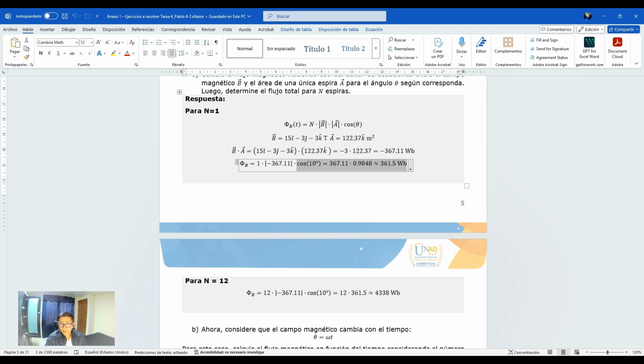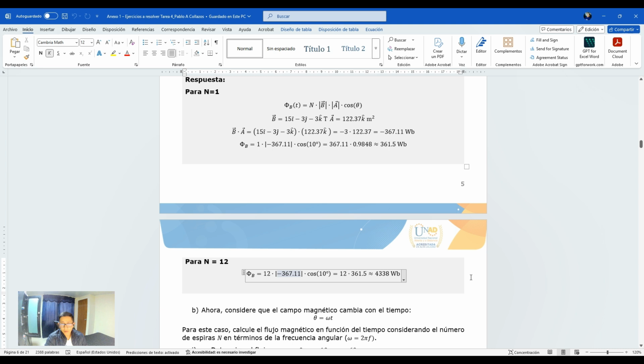The angle between the field and the area vector is calculated as 45 times alpha plus 10. Since alpha is 0, the angle is just 10 degrees.